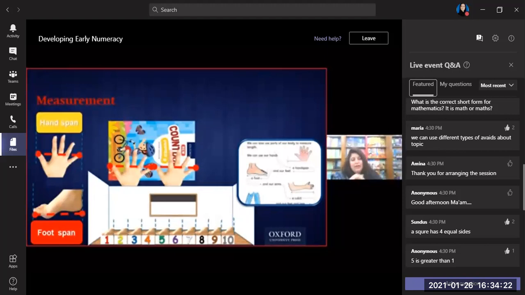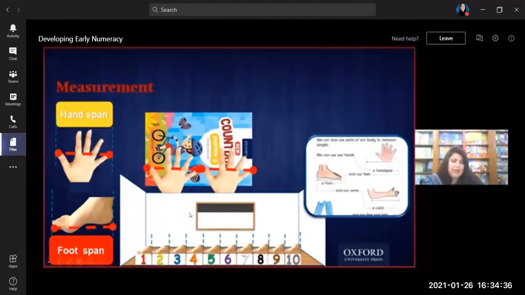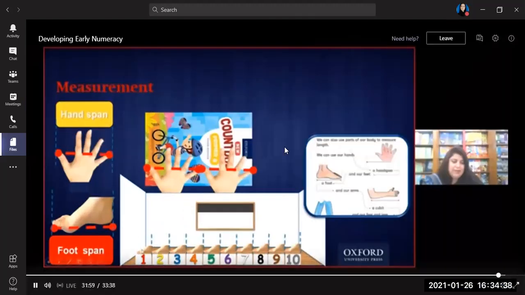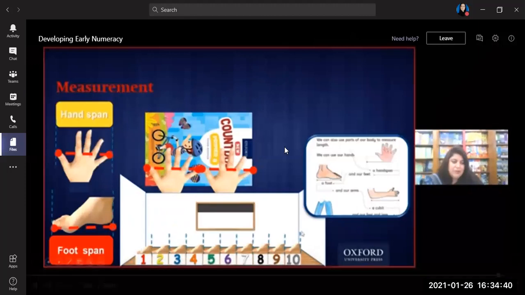And gradually they will start measuring objects which are around them in terms of their hand span and their foot span. Like here, they have actually measured their book in hand span, and then they have actually measured this area of their classroom in terms of their foot span.